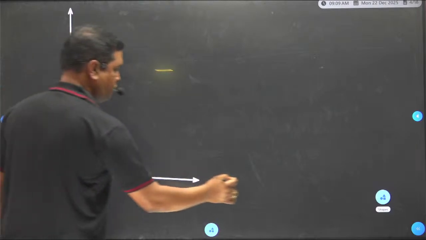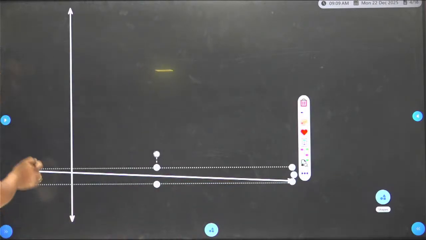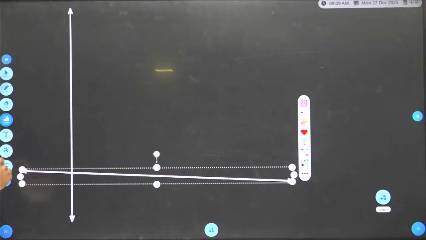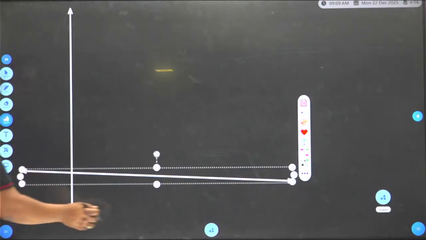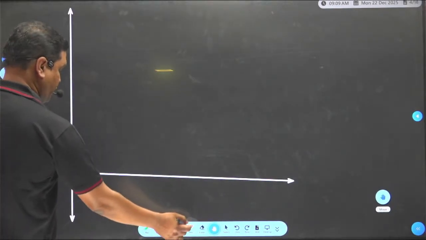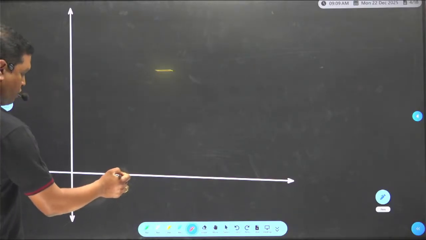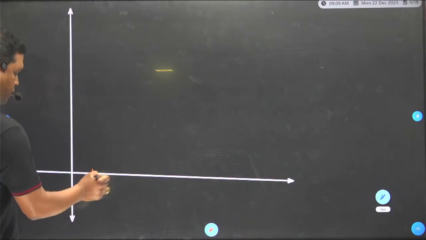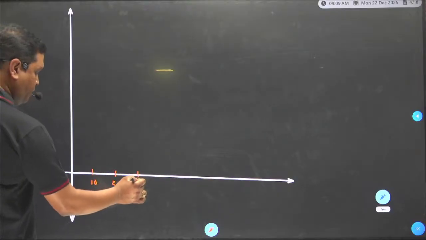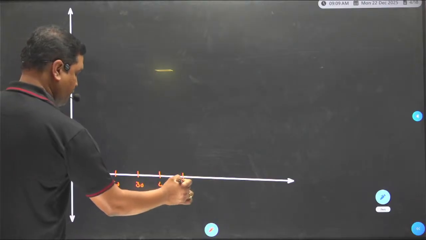Draw the graph. X-axis is what? 10, 20, 30, 40, and 50.